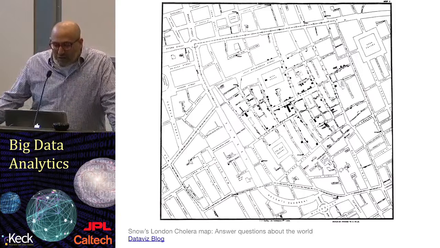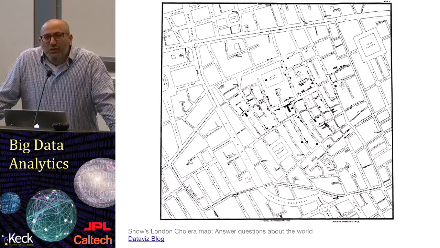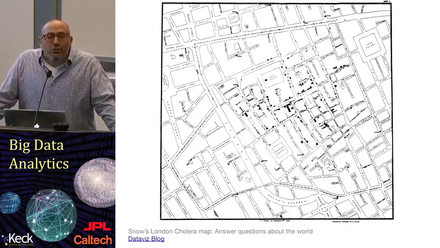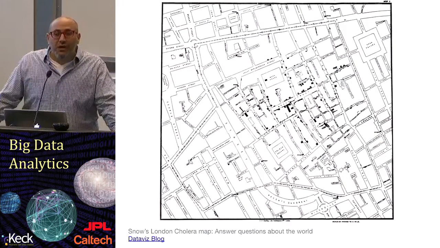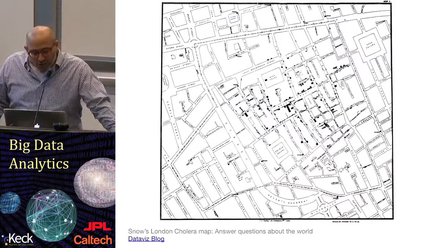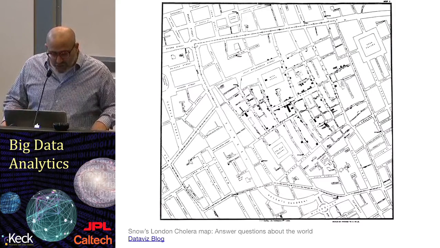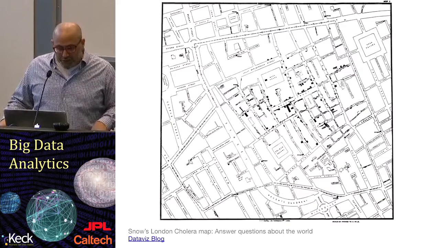Another thing that visualization can do is allow us to conduct analyses and understand the world in a way that is hard given different types of data. The example that I'm showing here is a map that shows the outbreak of cholera in London.